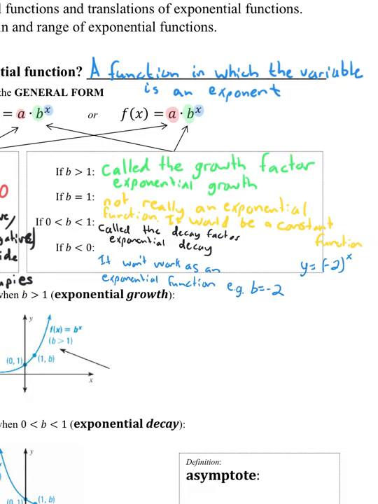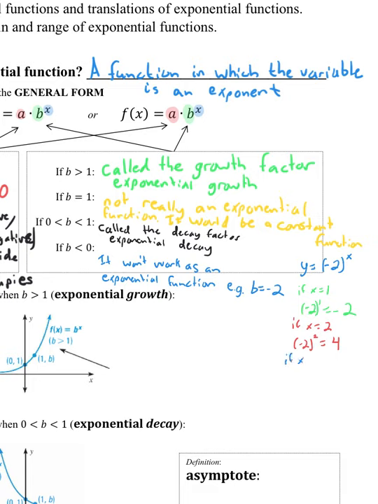Well, what happens here is if x equals 1, then you get -2 to the first power, which is -2. If x equals 2, you get -2 to the second power, and then you get -2 times -2, which gives you a +4.